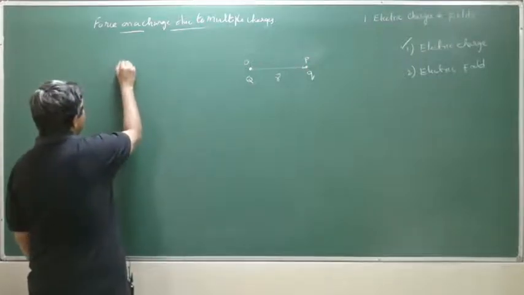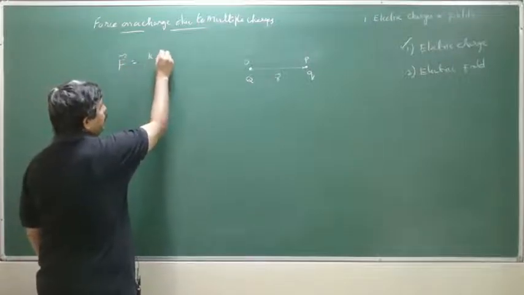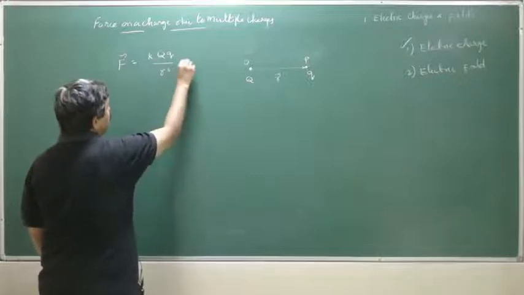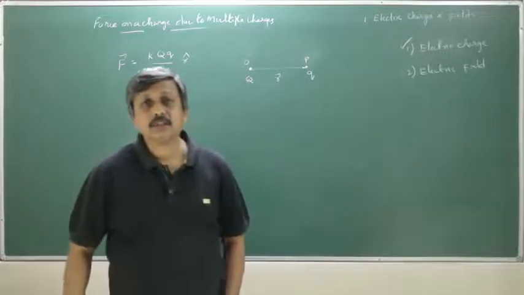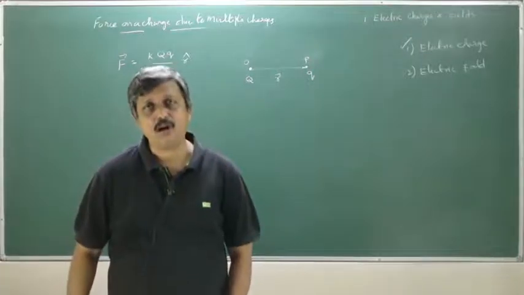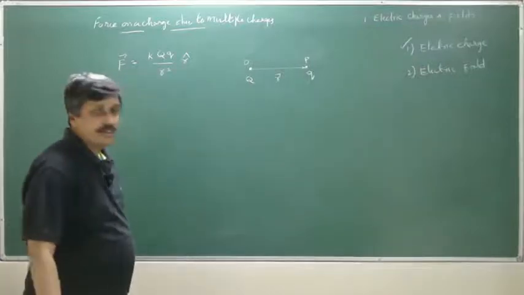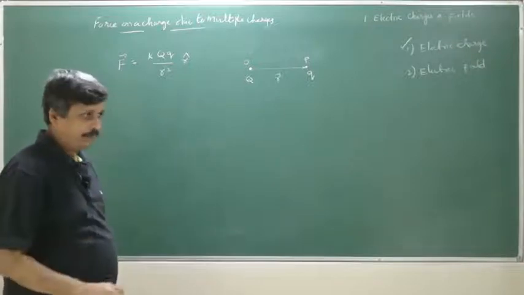So we will say force is simply equal to K into capital Q into small q divided by r square into r cap. This is Coulomb's law that we already know. Now let's look at an interesting part here. We are going to write it slightly differently.